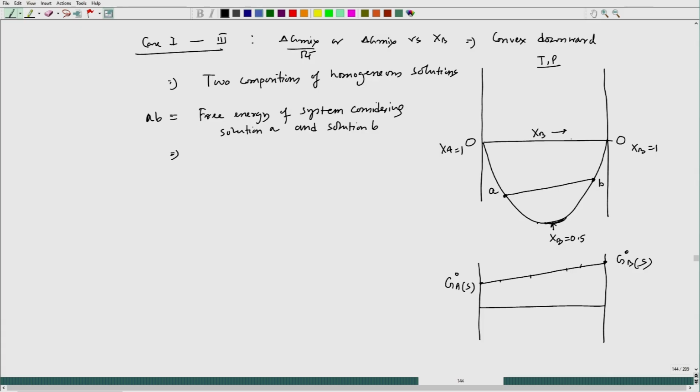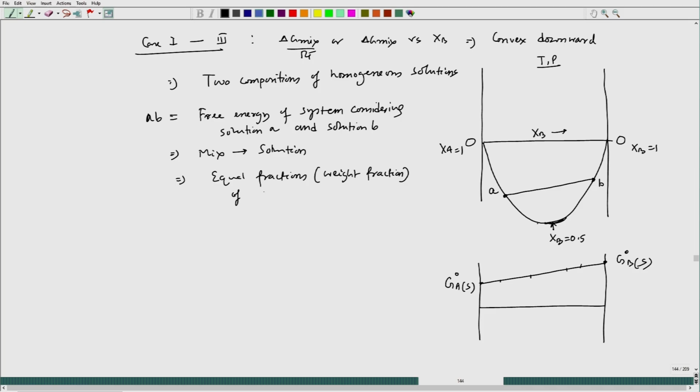Now, remember, this is not parallel to the composition axis. So, if we mix and form a solution, and that mixing is done such that equal weight fractions of solution A and solution B are taken, and of course fractions means weight fraction, then only you can apply lever rule.